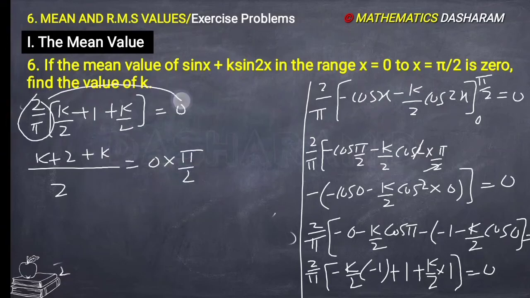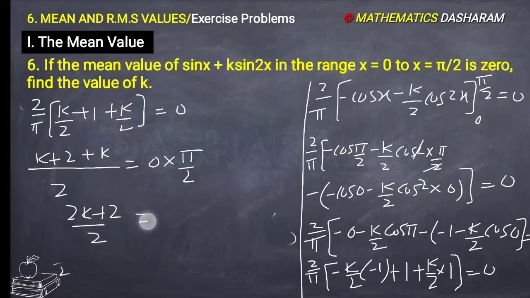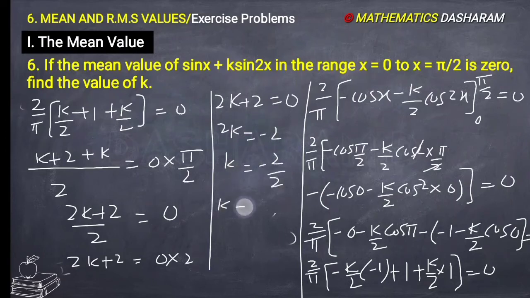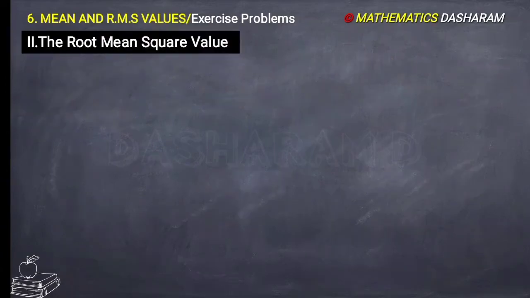This 2 by pi will go to the right side and multiply, and the fraction will be reversed. K plus k, 2k plus 2 by 2 equals 0 into 2, so 2k plus 2 equals 0. 2k equals minus 2, k equals minus 2 by 2, k equals minus 1. So this is our required answer.